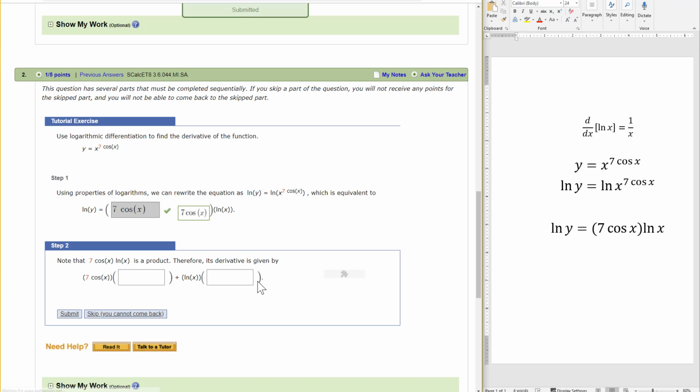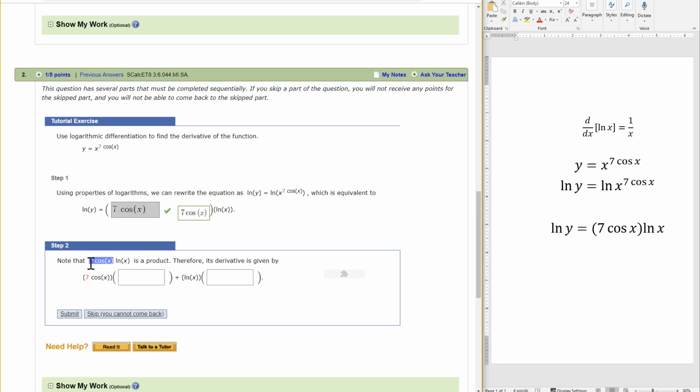So now that we have that, we're going to take the derivative of both sides. We'll focus on the derivative of the right hand side first. 7 times cosine x times ln x is a product. We can consider the 7 times cosine x as one function, and the ln of x as another function.